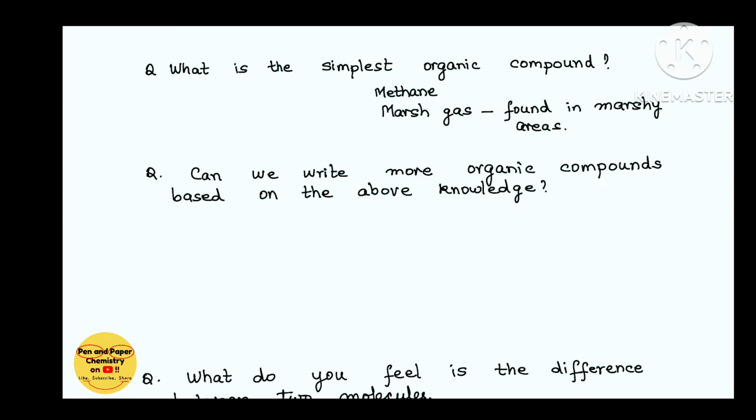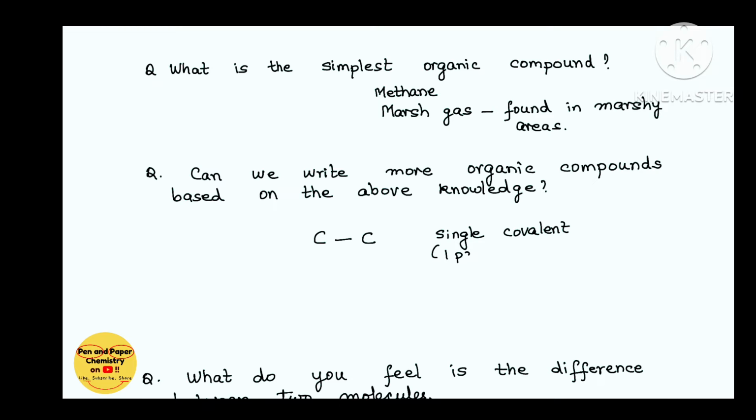Let us now start applying our knowledge to drawing the structure of organic compounds on our own. Remember that when we draw a single line between two atoms, it means a single covalent bond. Covalent is sharing, single means one pair.